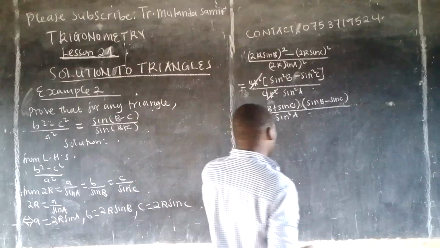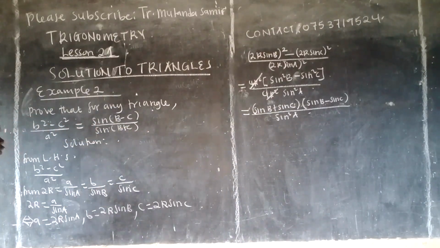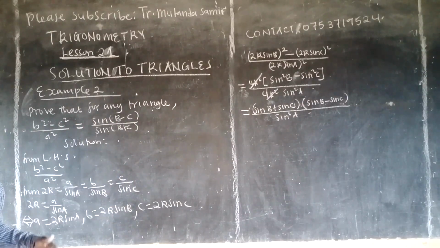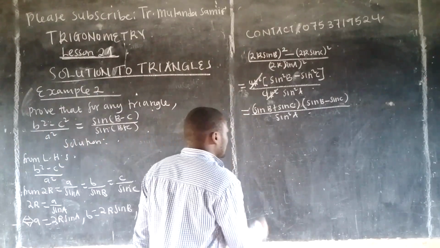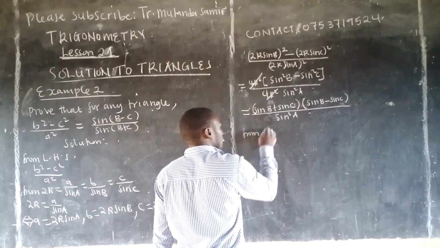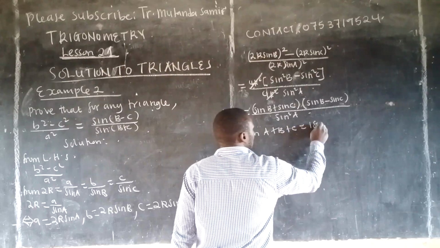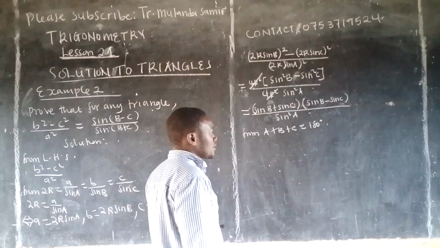Now what does it mean? Since a is not appearing anywhere in our proof, whenever you see the words for any triangle, or if they say A, B, C are angles of a triangle, then before you complete that proof, you must use this: the angle sum of a triangle gives us 180.